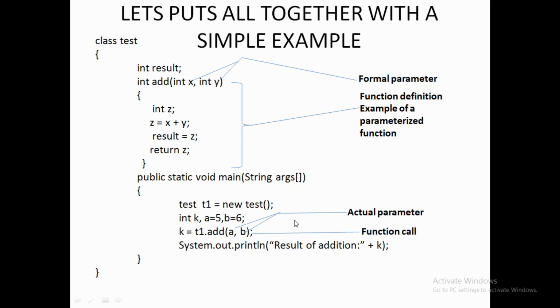What we must remember here is that the values or the variables which are used in the function call are known as actual parameters, and the variables which are used in the function definition are known as formal parameters. So actual parameters are used in function call and formal parameters are used in function definition.